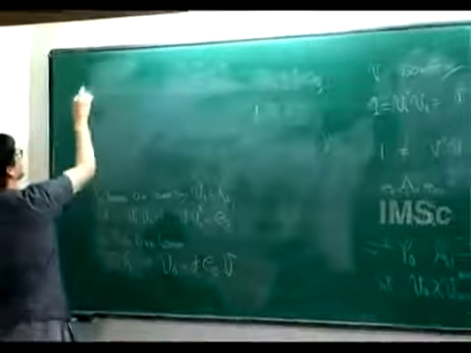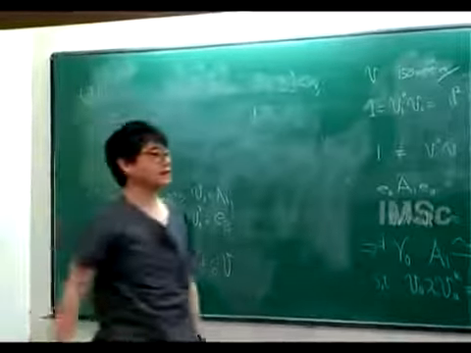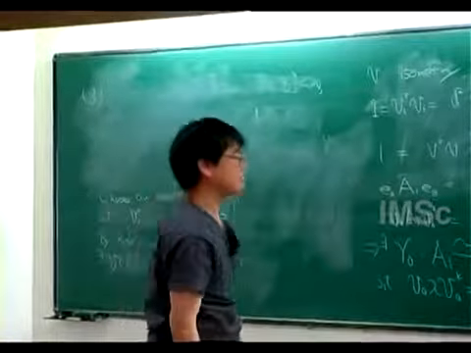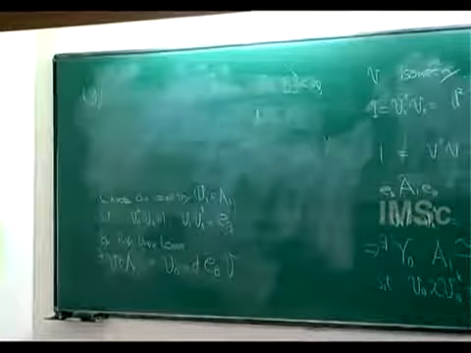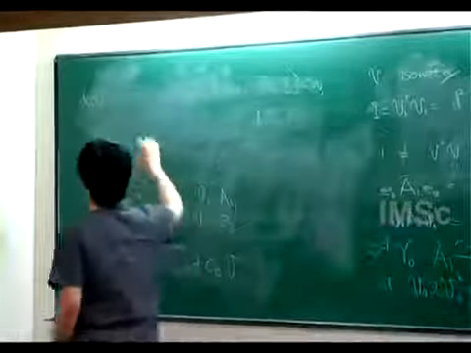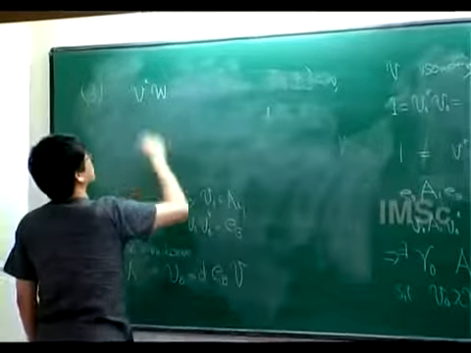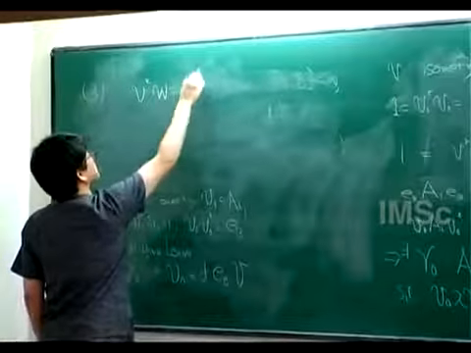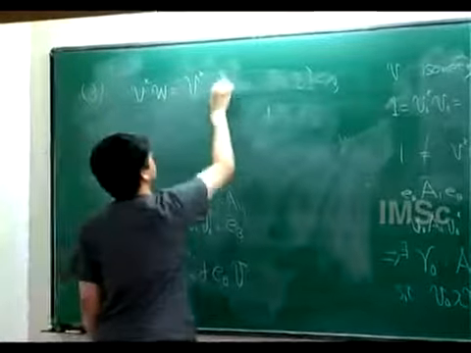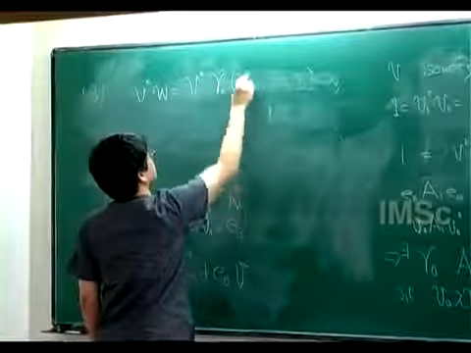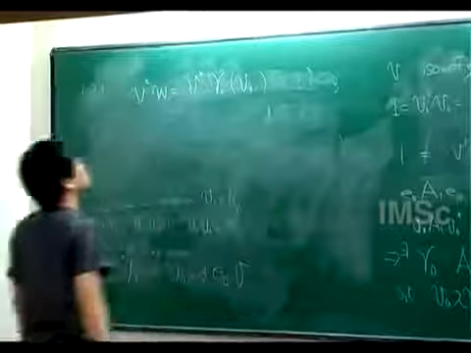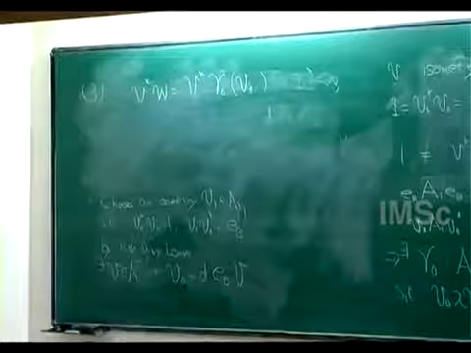Then first this one. So this is V star gamma 0.